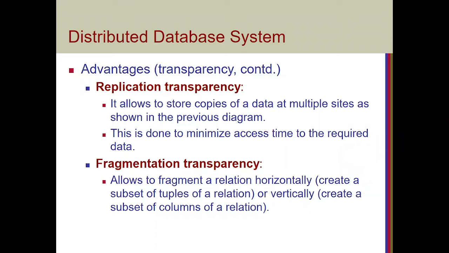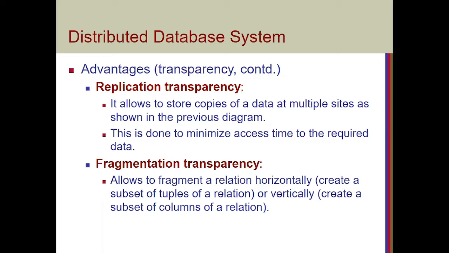And of course, replication transparency. When you replicate or have data across different sites, the user should not have issues, as we had already indicated in our previous diagram. Also, we have fragmentation.